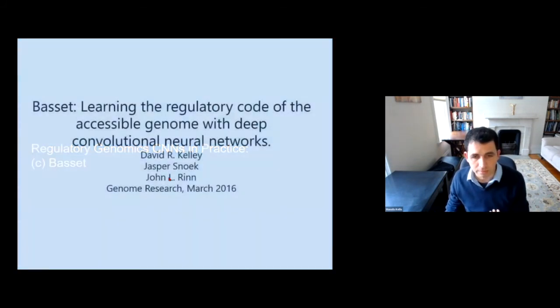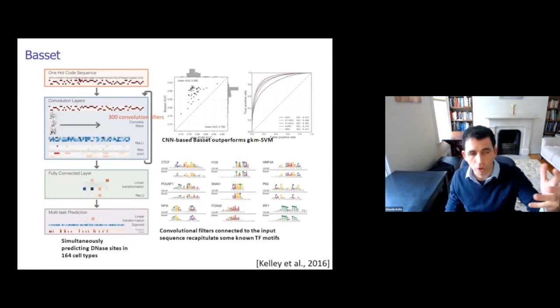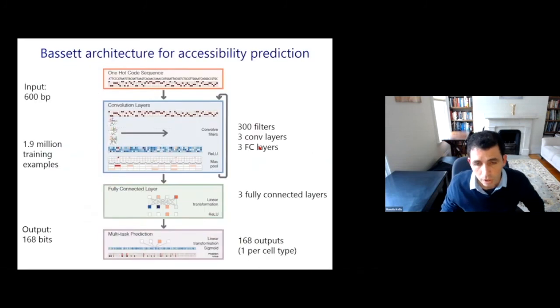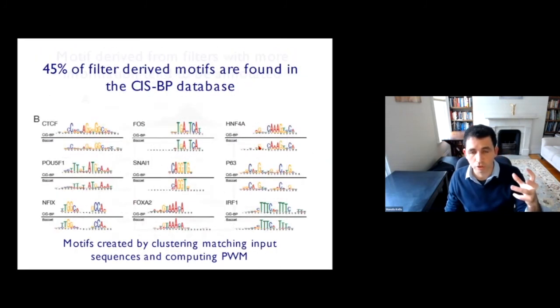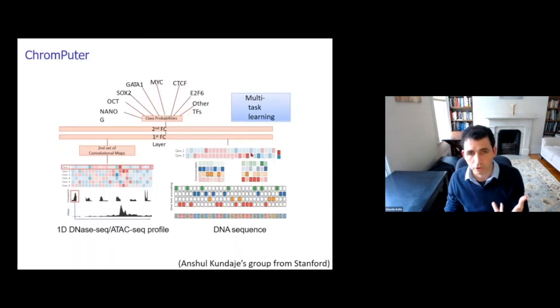And then Basset, by David Kelley and John Rinn, was again learning this concept. Now it's flipped from the bottom going up towards the bottom of the page. And then again, learning these motifs and matching them very nicely. Okay. So that's the foundations of convolutional neural networks for regulatory genomics.